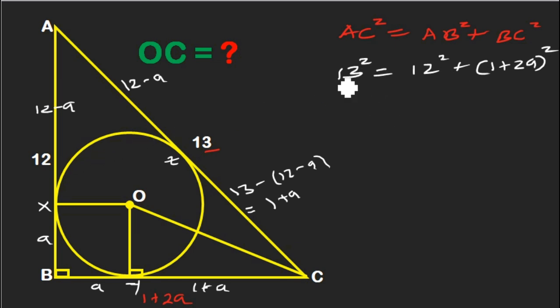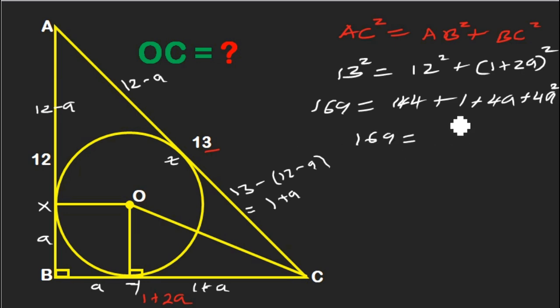If you work this out, 13 squared is 169, equals 12 squared, which is 144, plus, if you open this bracket, (1 plus 2a) squared, which is 1 plus 4a plus 4a squared. So we'll have 169 equals 144 plus 1, which is 145, plus 4a plus 4a squared.